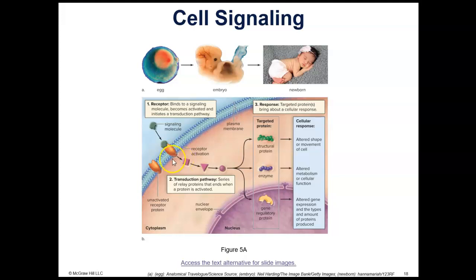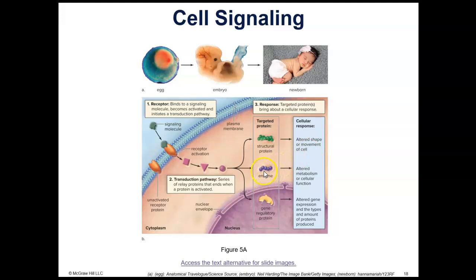And then what you're looking at here with the square and the triangle and the circle, this is just representing a series of chemical reactions that occur. One leads to the next, leads to the next. It's called a transduction pathway. And at the end of that transduction pathway, a protein is activated. The protein may be a structural protein, and it may alter the shape or the movement of the cell.